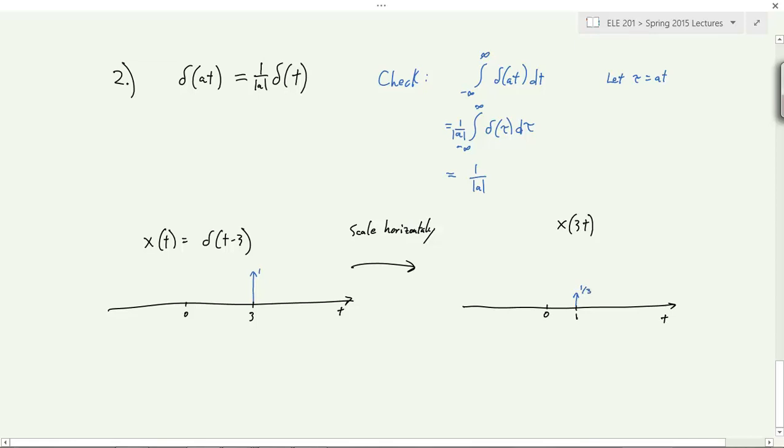Because we're using the property above that when you do a time scale by 3, you get a 1 over 3 out front. And actually if we express it this way, this is going to be delta of 3t minus 3, which is maybe better expressed as delta of 3 times (t minus 1).